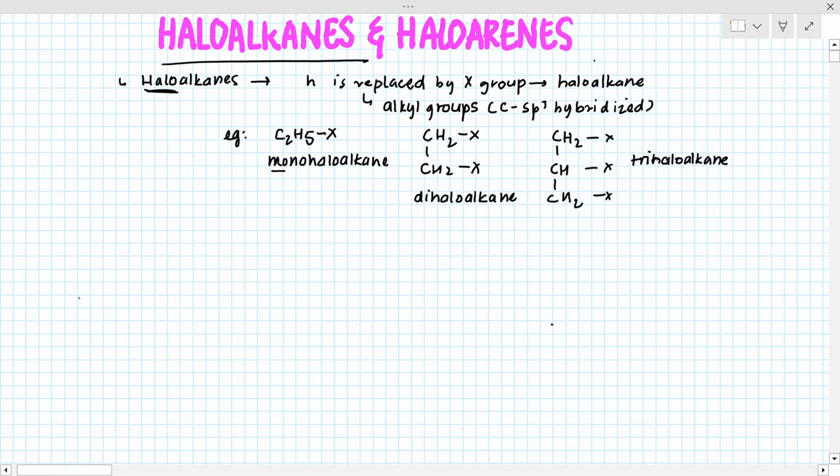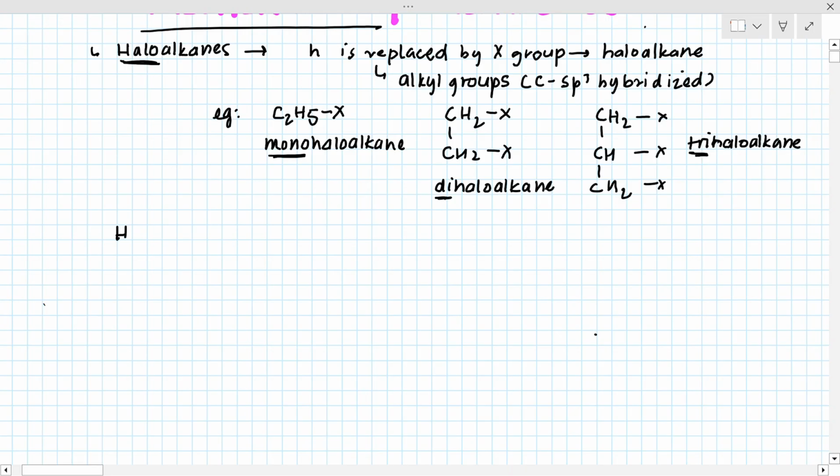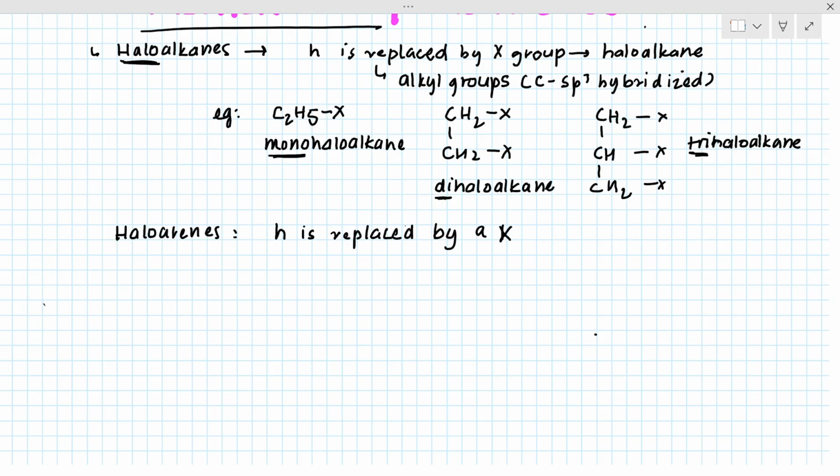Now when you have only one substituted, then it is mono, two, then it is di, and when it is three, it is tri. Now going to haloarenes. What are haloarenes? Similarly, when hydrogen is replaced by a halo group, that is X, in an aromatic ring, then it is haloarene.